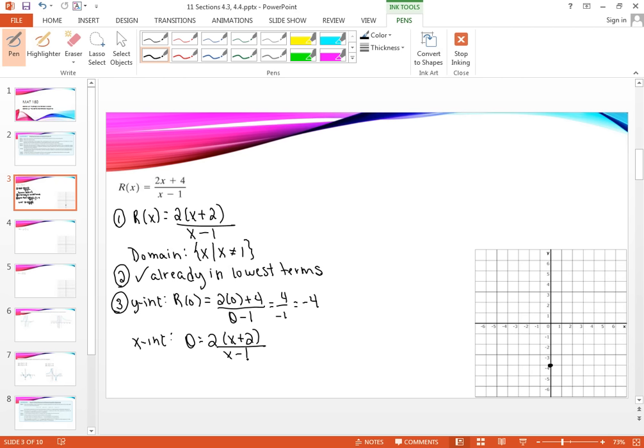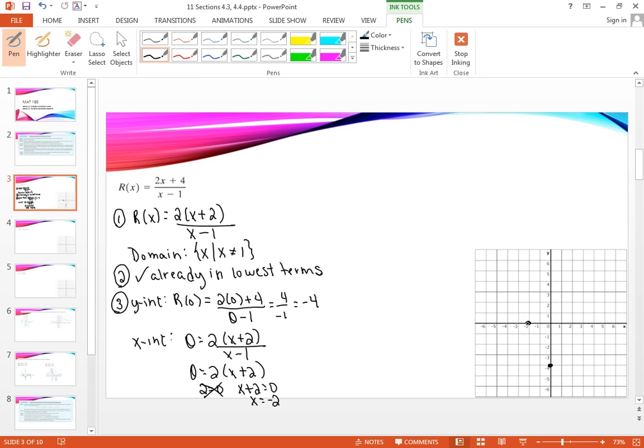Okay, so the only thing that can make a fraction equal 0 is the numerator. If you have pieces connected by multiplication equal to 0, then one of the pieces is going to be 0. 2 is not going to be 0 though. So the only x-intercept is negative 2. And I'm going to go ahead and plot that.